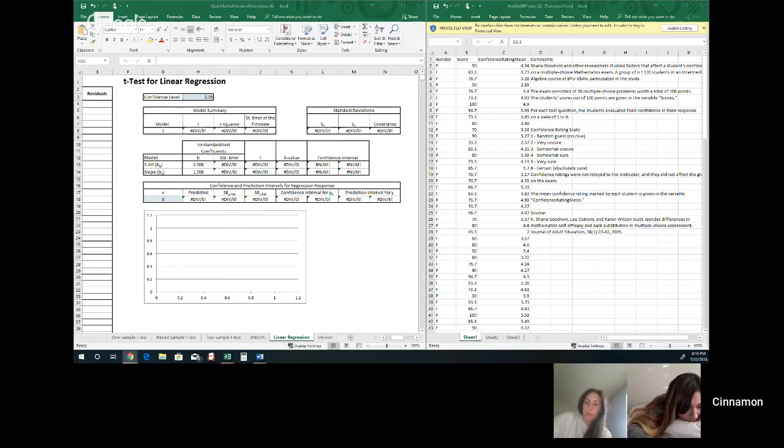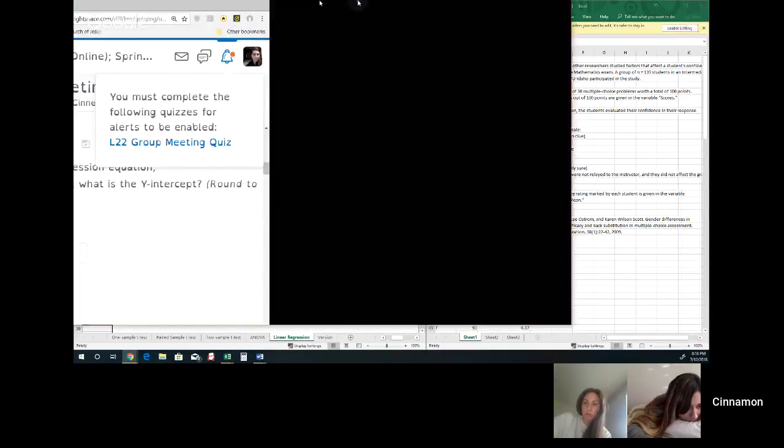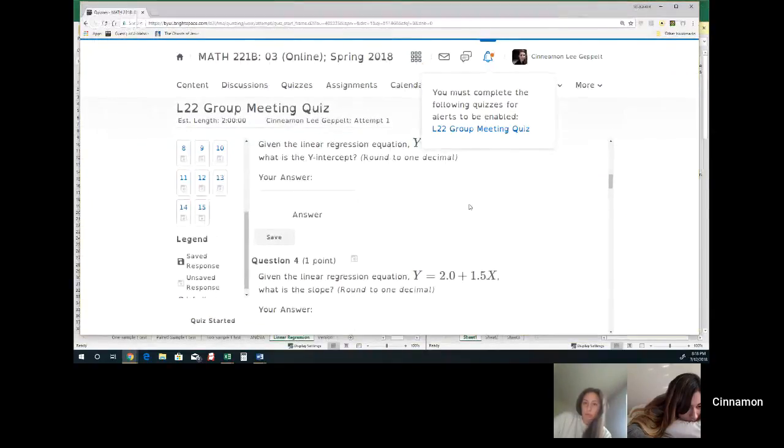What's the, I can't see the question. Okay, so the question is, I'll pull this one over here briefly. So the question is, given the linear regression equation, y equals 2.0 plus 1.5x, what is the slope?